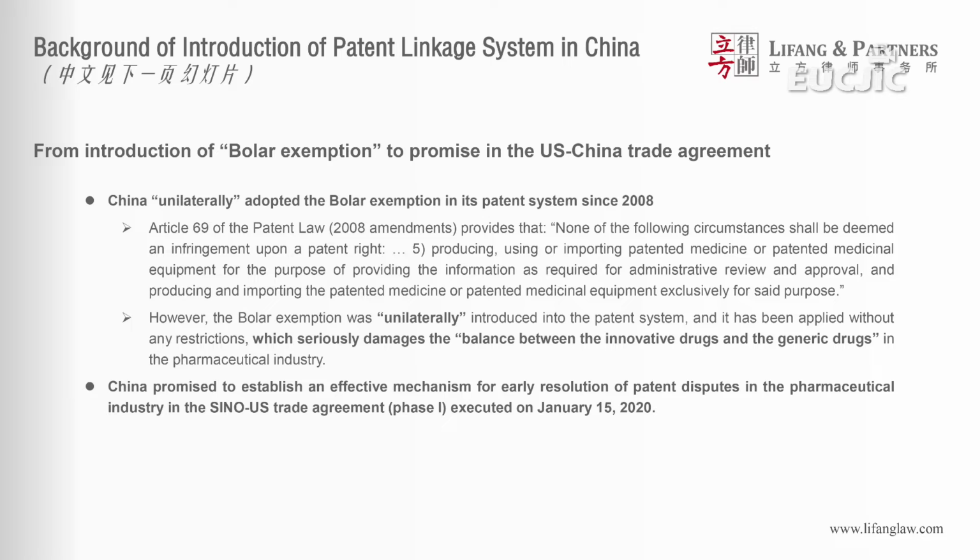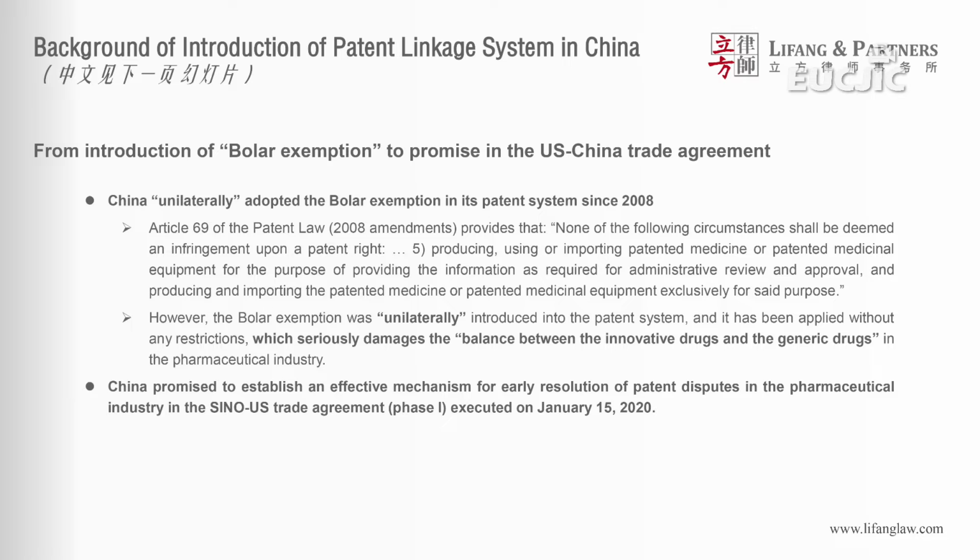There, Chinese law specifies that any actions, including producing, using, or importing patented medicine or patented medical devices for the purpose of providing the information required for administrative review and approval, and producing or importing the patented medicine or patented medical device exclusively for that purpose, are not infringement activity.